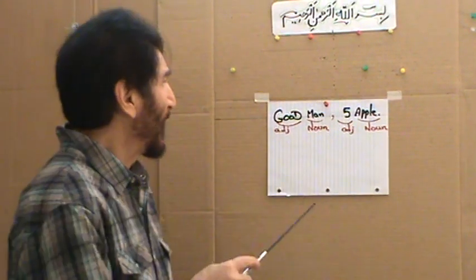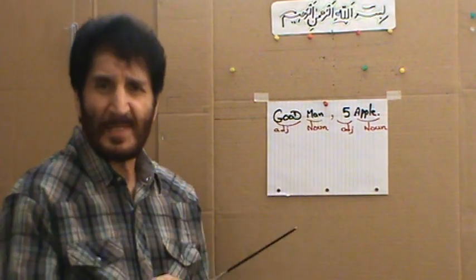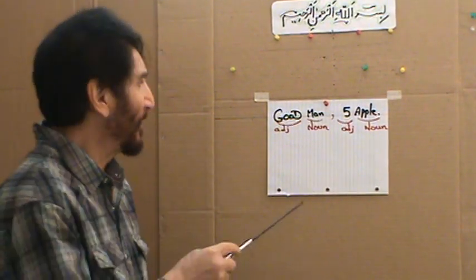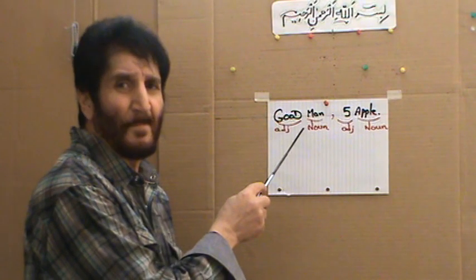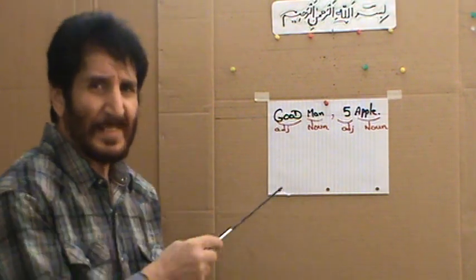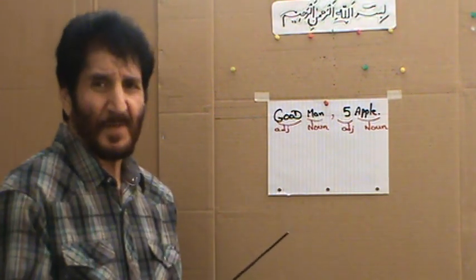Let's start, as I said, from ground zero. Let's start to see what a number is. What is a number? Now, in English grammar or in conversation, when we say good man, good is what? It is an adjective describing the attribute of man. Is that right?